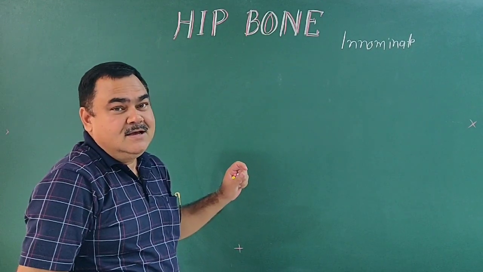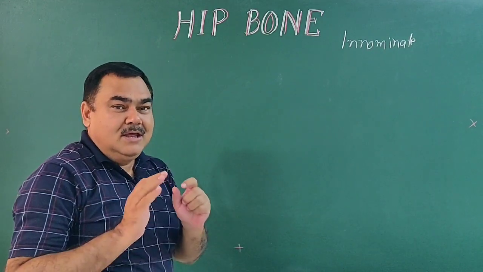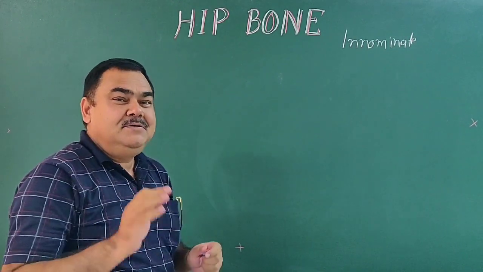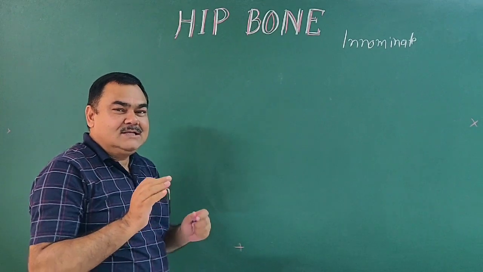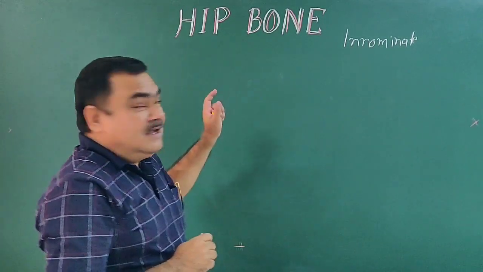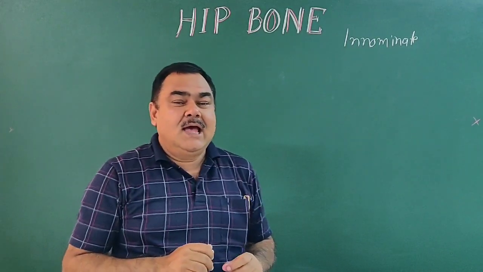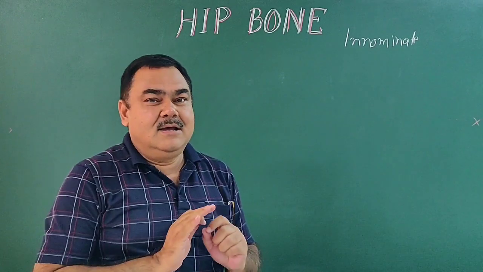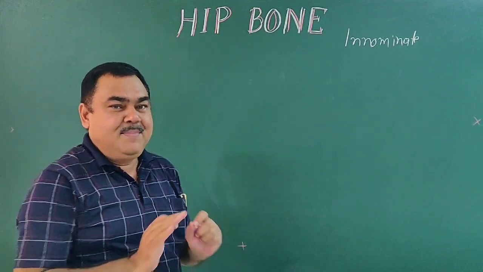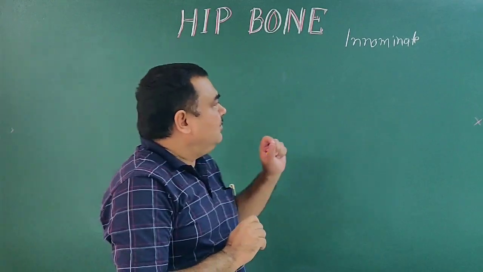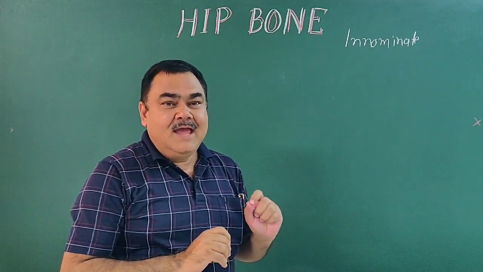Because usually the name given to a particular bone depends upon the shape of the bone. Here the hip bone has no regular shape, that's why it is known as the innominate bone.